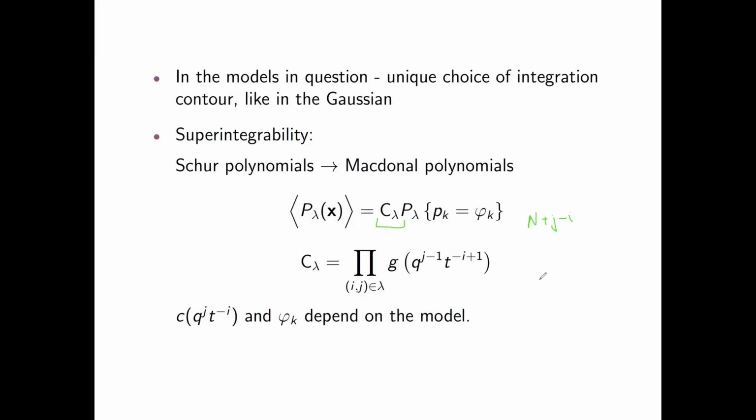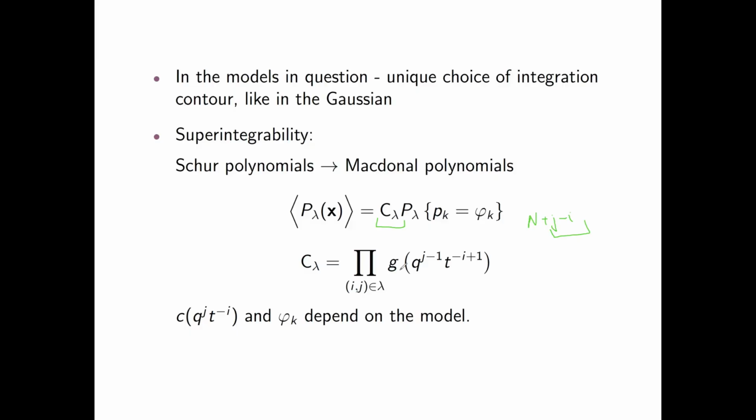Typically in these superintegrability formulas, the coordinates of the partitions enter in the combination j minus i. Now in this deformed case, they appear as q to the j minus 1 and t to the minus i plus 1.